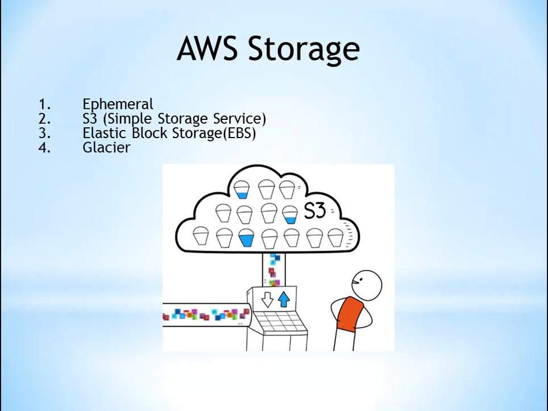And Glacier is really cool, and one of the useful services when the backup files are old. Generally we take backups of instances or other services, which can be stored in Glacier. So here Glacier is used for storing old files or backed up files.